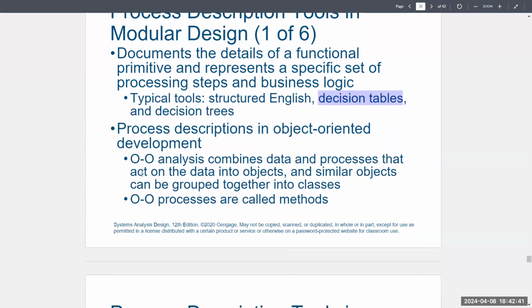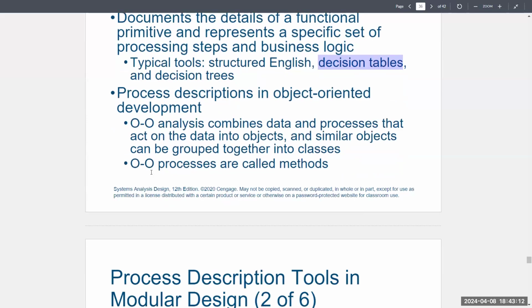So object-oriented, which is our next chapter, is combining the data process that's part of this chapter, but representing everything in terms of real world objects that you and I can visualize better, and the interaction between those objects. That's part of object-oriented, right?